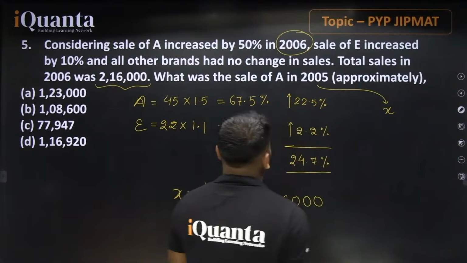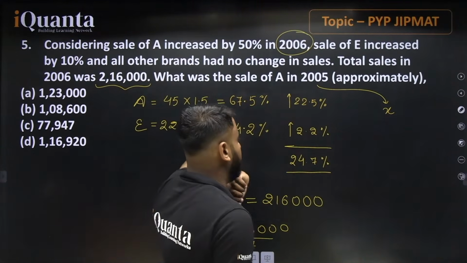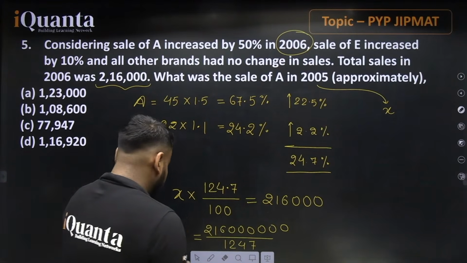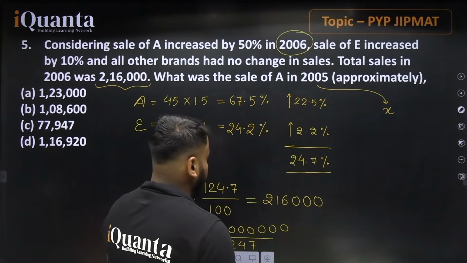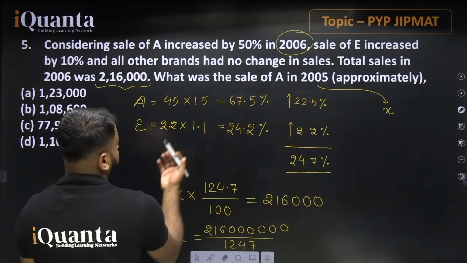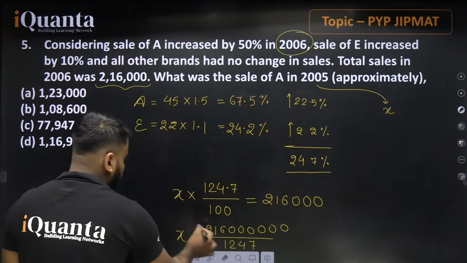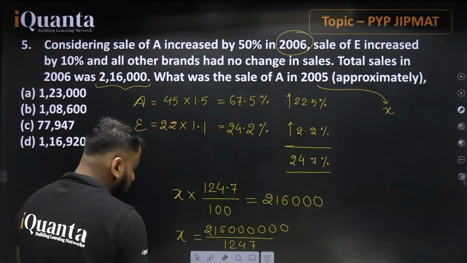So back in total sales in 2006 was this. What was the sale of A in 2005 approximately? If we go approximately, I think this will come to 77 point something. Yes, 45, and this value is 1.5. We have 24.7%, and we just have to go for this.